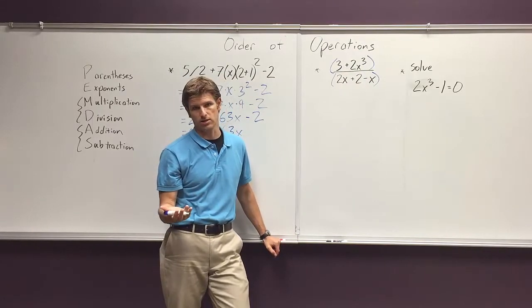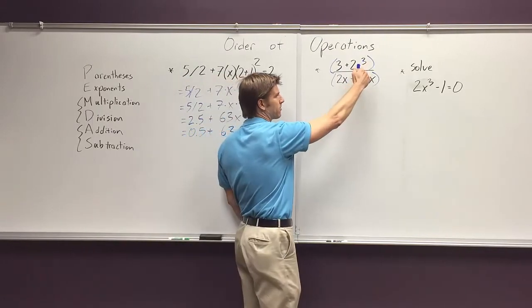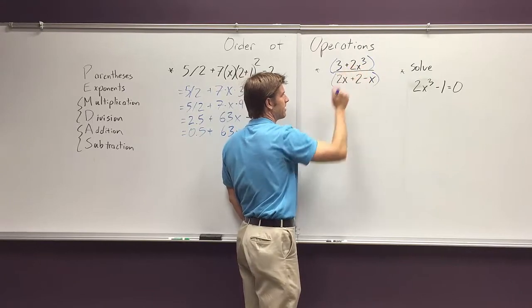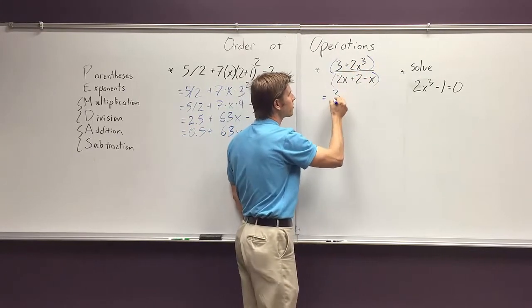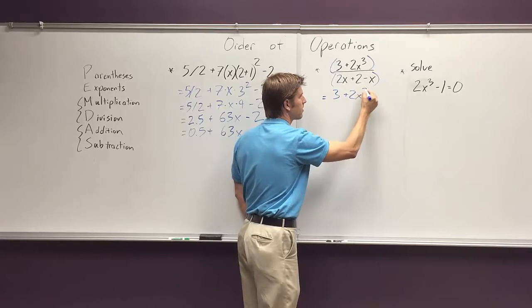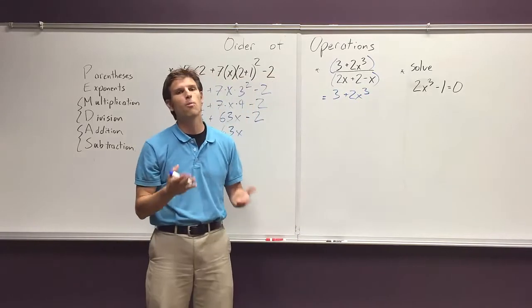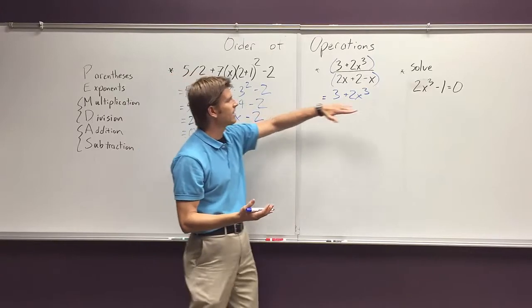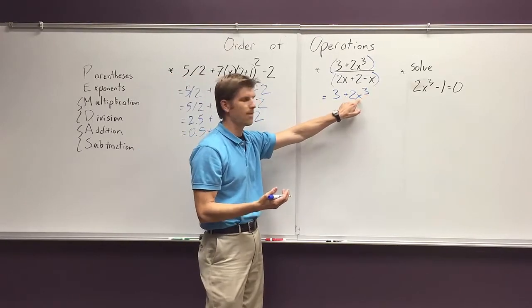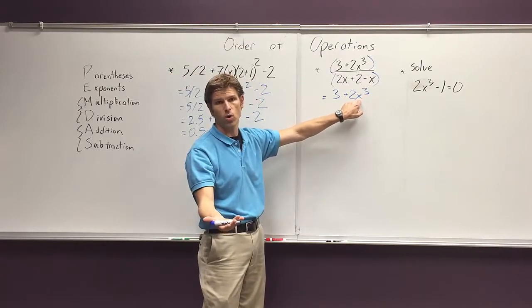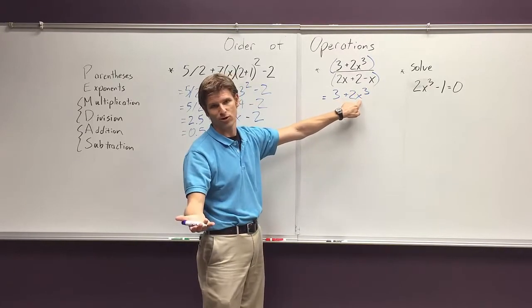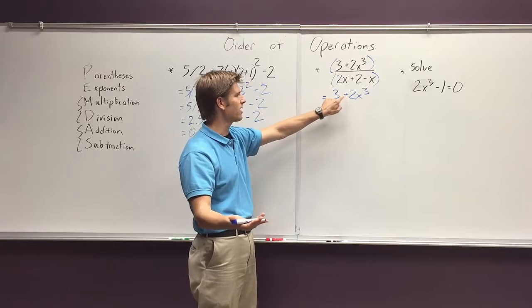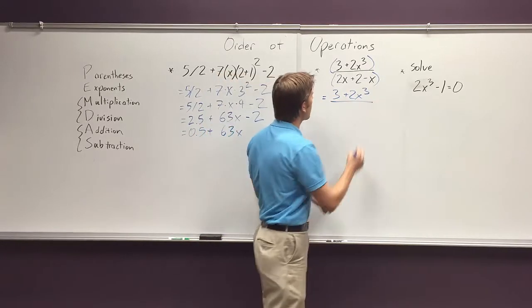I can't do anything to that, okay? This happens first, then that, then this, okay? So the numerator stays like that. So part of order of operations is recognizing, yeah, I have to leave that alone because this is happening first. I don't know what that unknown is, so I can't cube it. Then after, if I knew what it was, then I would have to multiply by 2, then I have to add 3.